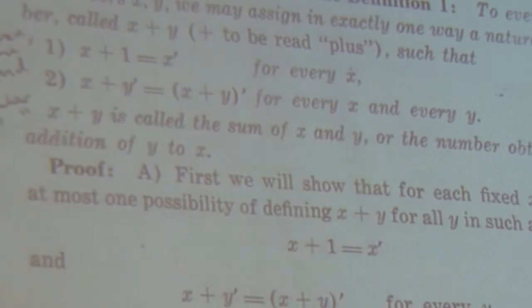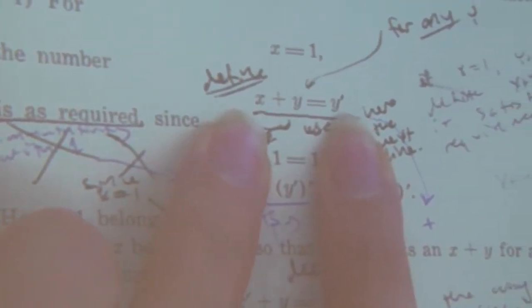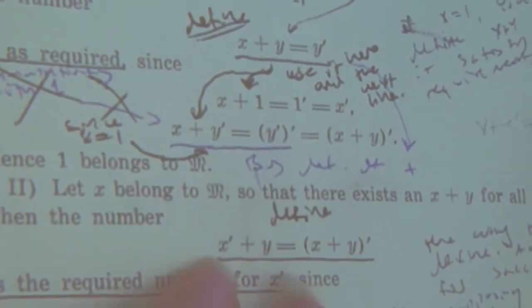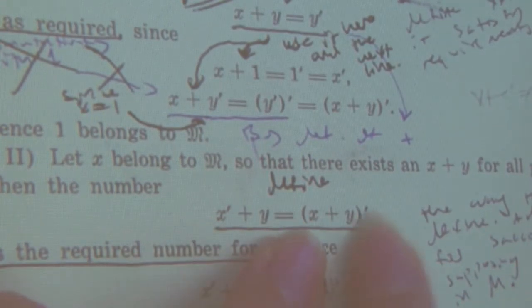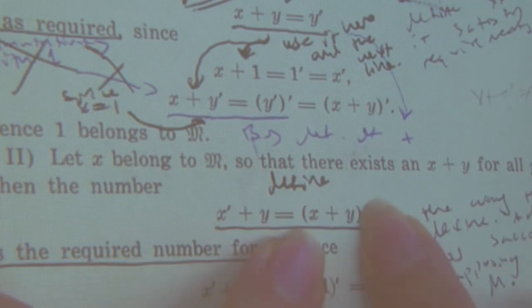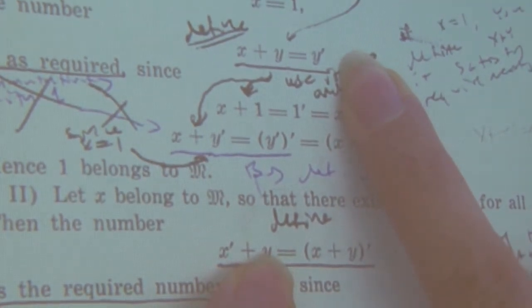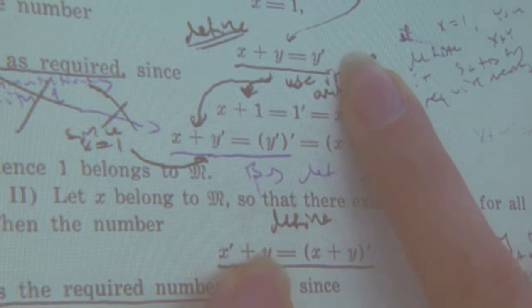And what we're proving right now is that if you define addition using these two definitions here, that whenever you have 1 plus a number equal to the successor, and whenever you have the successor to a number plus a number, you add the two and take the successor of that. We're defining addition using these two equations. And then what we're doing is we're saying, let's verify that the two properties that we want to hold actually hold. So we want to verify, based on those definitions, do these two properties hold?